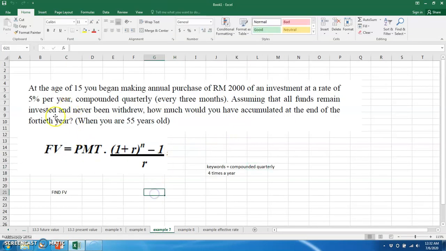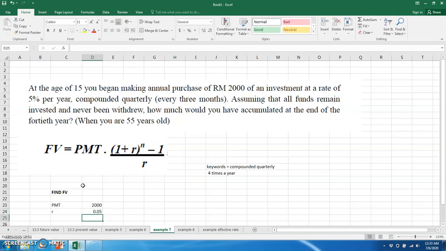The question says find present value. You can find this formula in your textbook. Now the keywords: compound quarterly. Let's check. How much is the payment? Your payment is 2,000 ringgit. And your rate is 5%, 0.05.